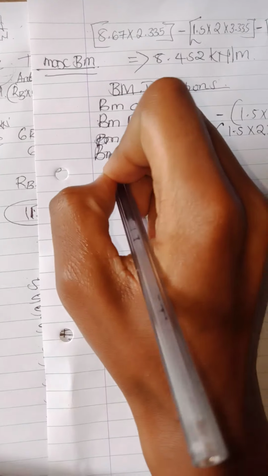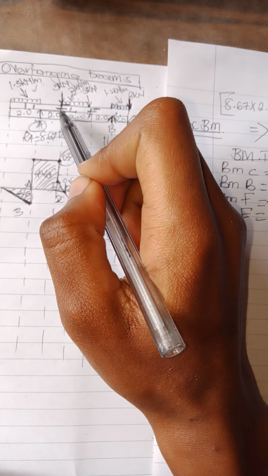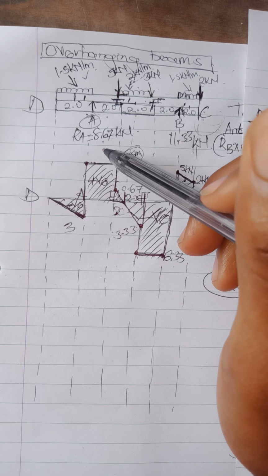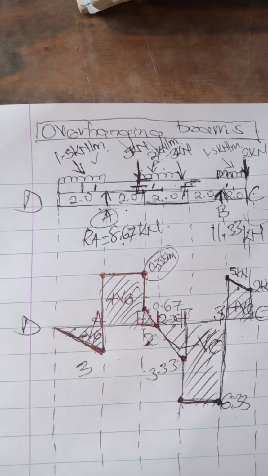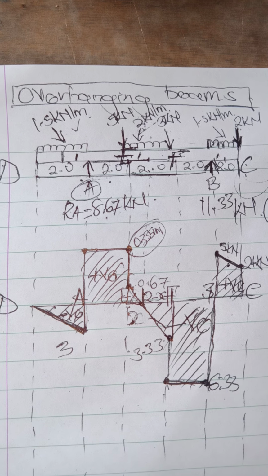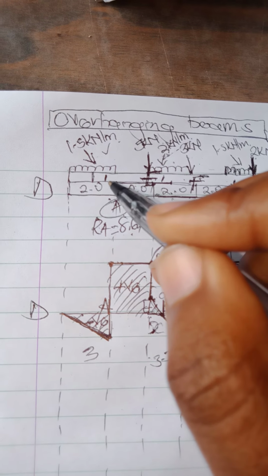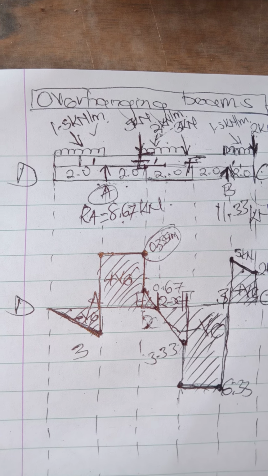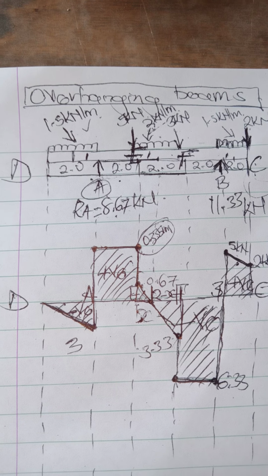Then we go to the BM at point E. I think at point E it is easier to get the BM from the other side, so it will be 1.5 times 2 times the distance of action, which would be 3, and it's actually negative because of the hogging moment.